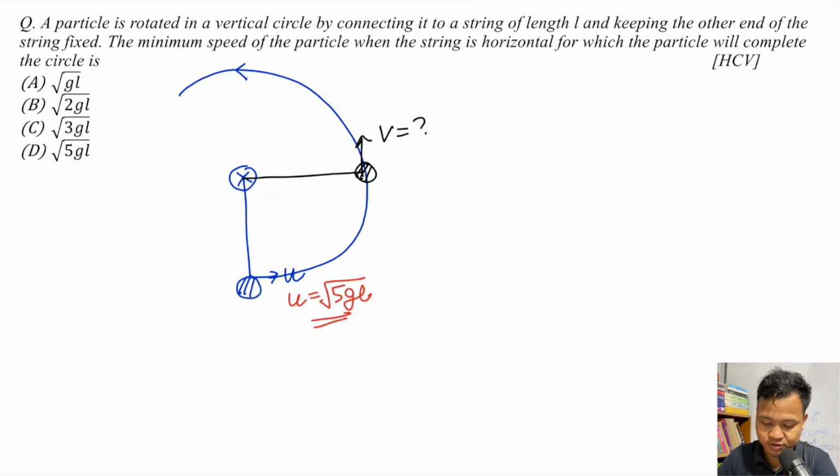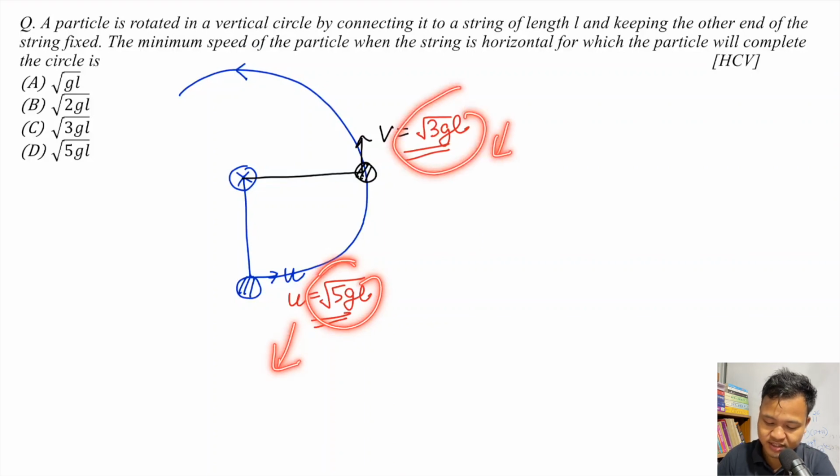If I solve with root 5gl, I get the value of v. So what will be the value of v here? It should be root over 3gl. So for a complete circle, the minimum is root 3gl, not root 5gl. If it is less than that, the particle will not complete the full circle.